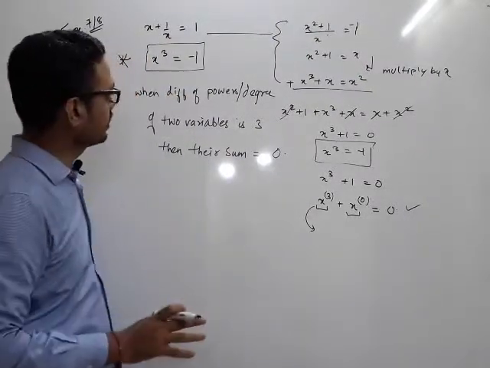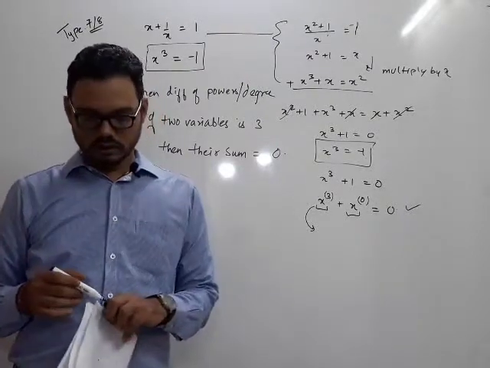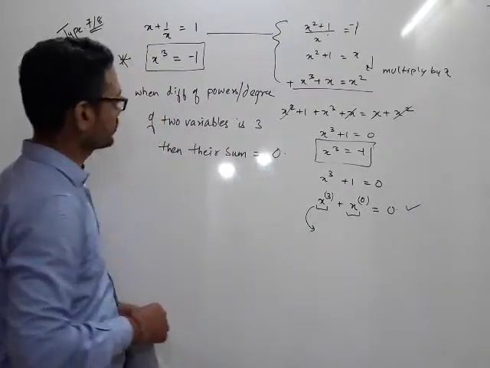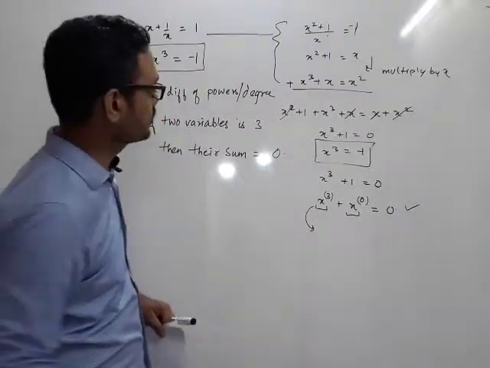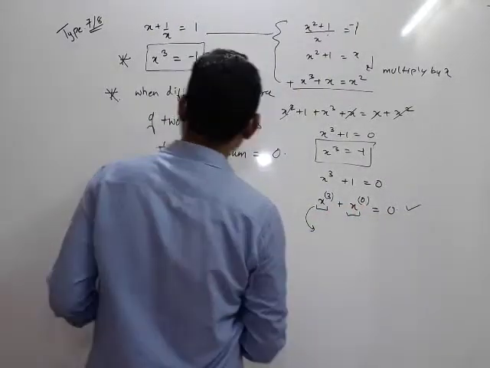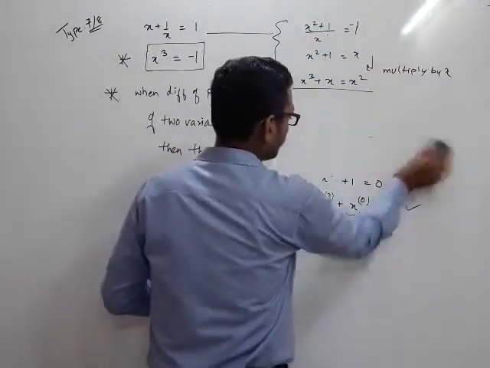How is this going to help us in solving the questions? We will see to it when we see the related questions which are asked. So what is the conclusion? First, x cube is minus 1. Second, whenever there is a difference of powers as 3, then their sum is 0. We'll see how it helps us to solve the problem.